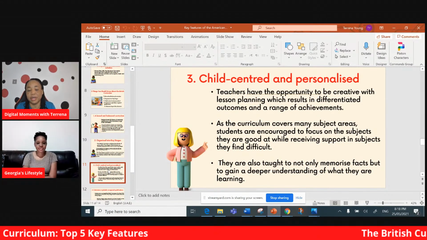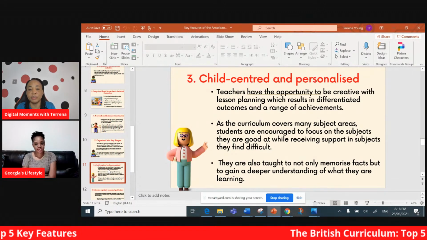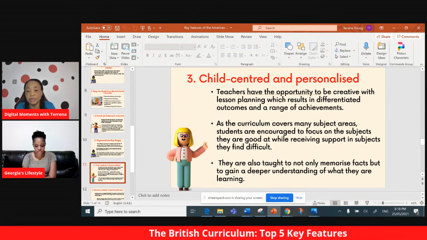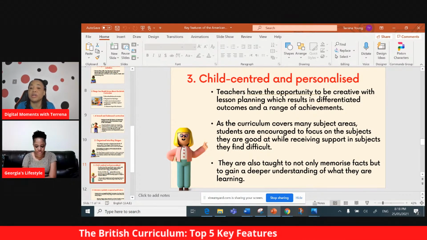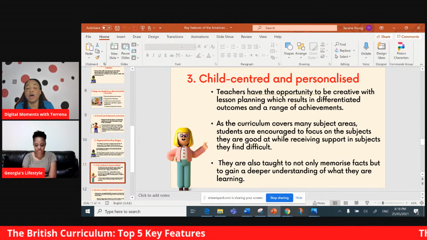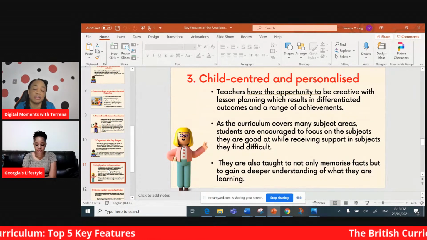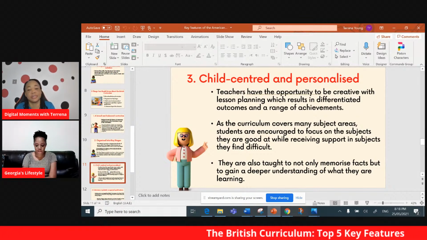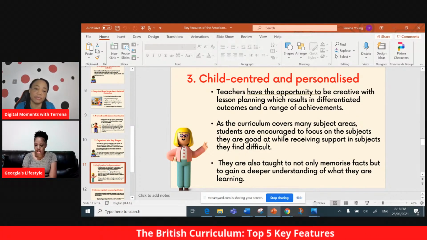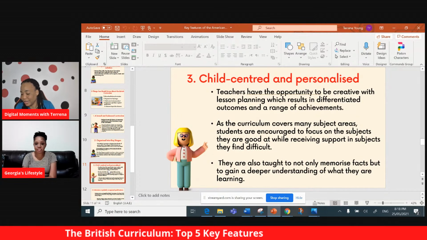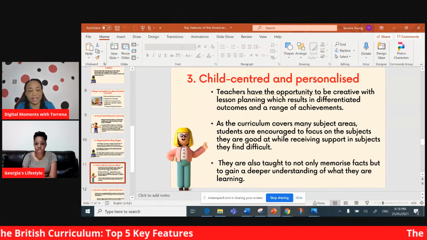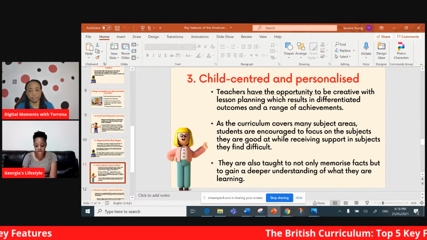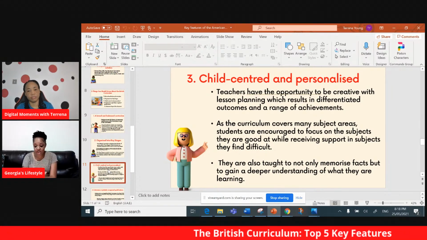It's similar here. And with the first point, where teachers have the opportunity to be creative, it's just like the American curriculum, where schools have the opportunity to tailor the curriculum to suit their country or their culture. So it's the same thing. And of course, field trips are part of the assessment too.